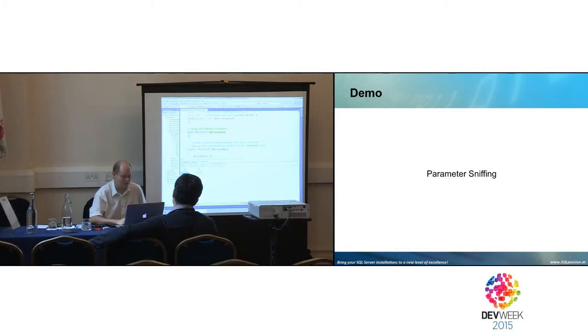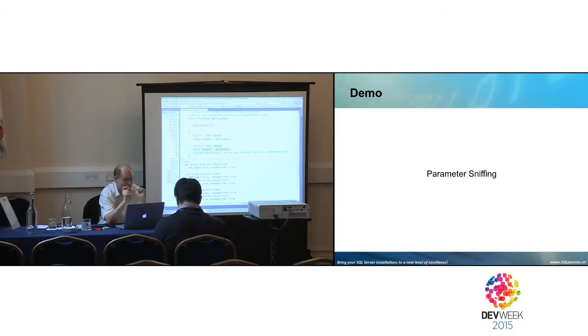What you can do is make a so-called statement level recompilation, available since SQL Server 2005. That means SQL Server just recompiles that specific statement every time you execute it.